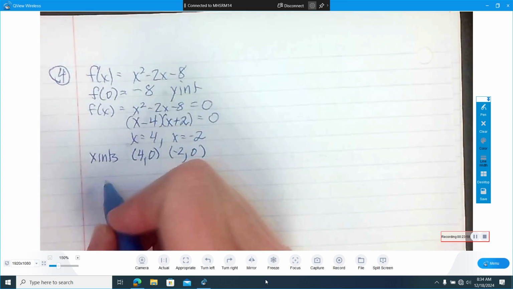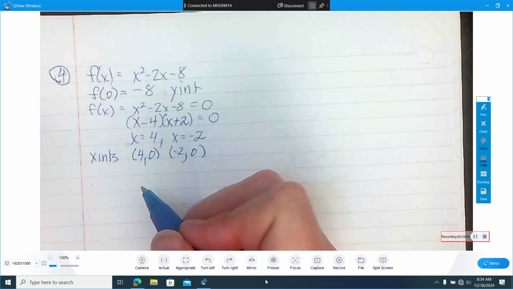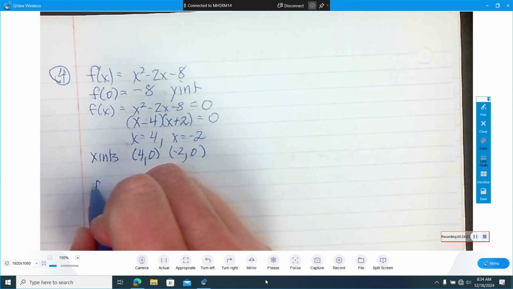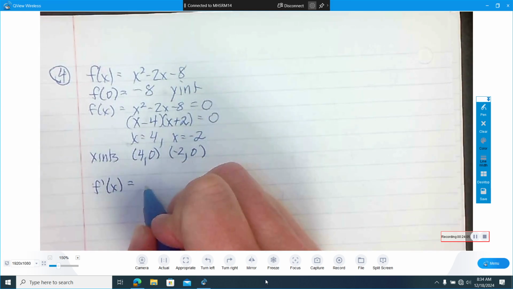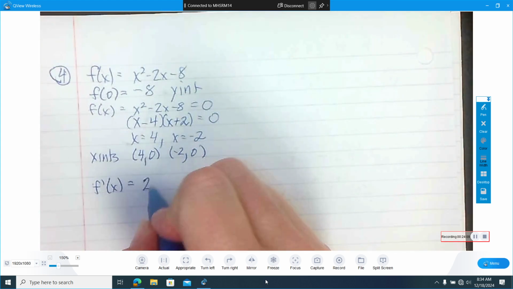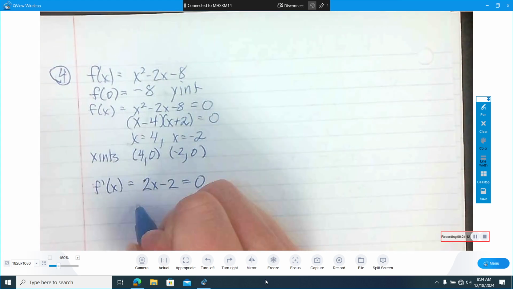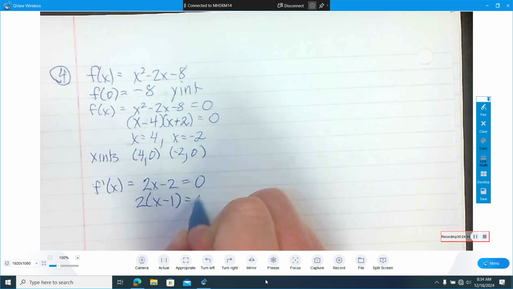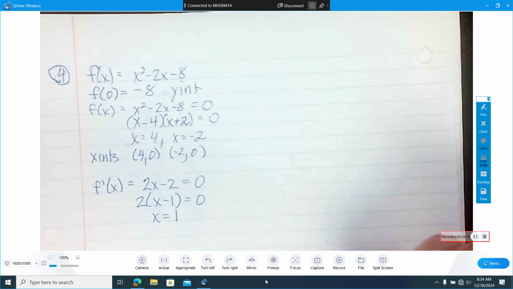All right, then I can go ahead and find our relative extrema, so relative max and min. That's a first derivative thing. So what is our first derivative of our function? 2x minus 2. Setting that equal to 0, we get x equals 1.